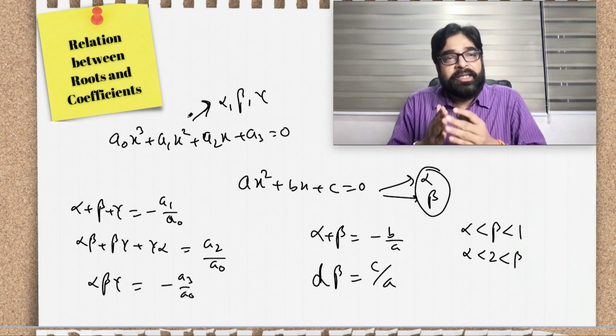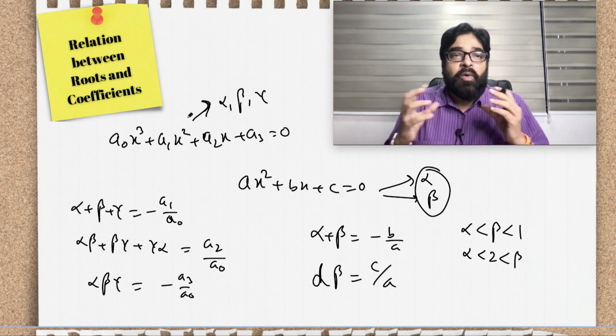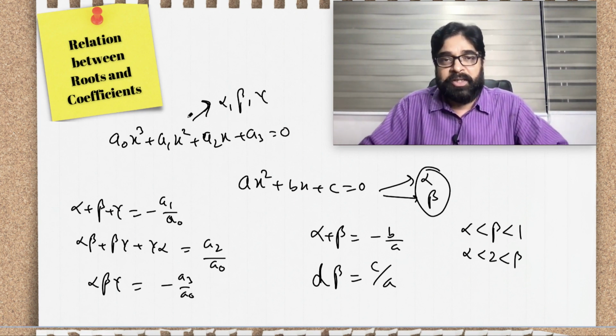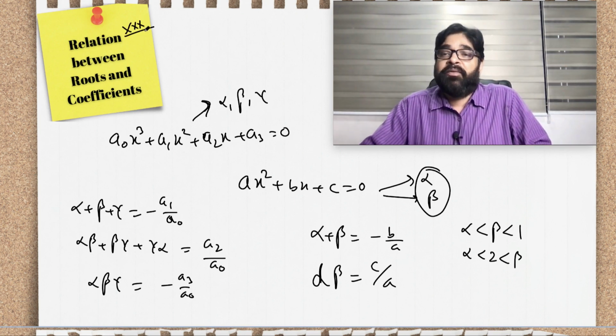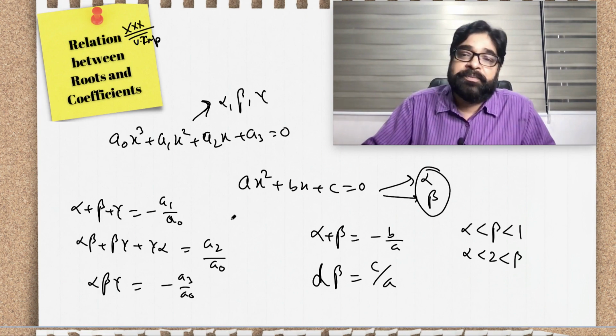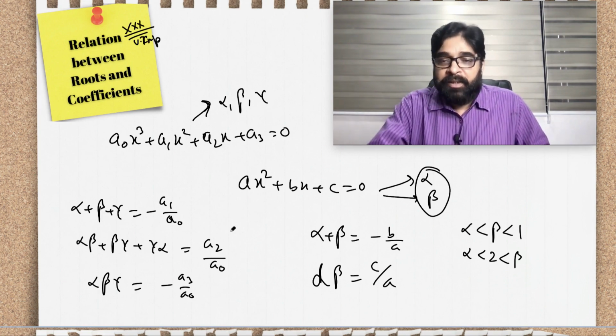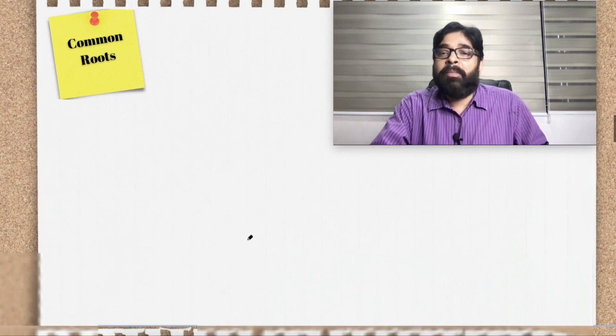JEE people know which concepts are the most important in quadratic or in equations, and how to relate them. So this relation is a very, very, very important point. Very important. Next, common roots.